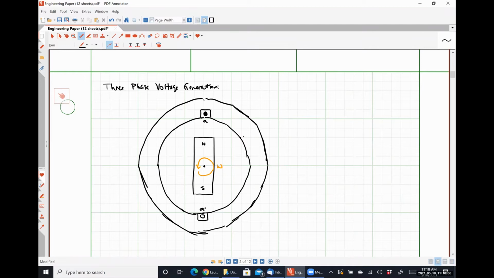I'm going to call this guy B, and this one directly opposite it is then B prime, and then this guy over here would be C, and this guy directly opposite that would be C prime.